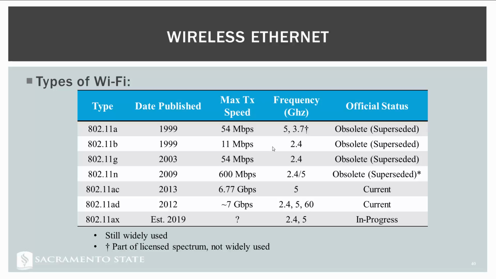Technically, there's also a standard that's the AD standard, which is also current. That one is kind of a weird standard. It's only for certain purposes. Technically, it can be a little bit faster, but it's not really a widely used standard.